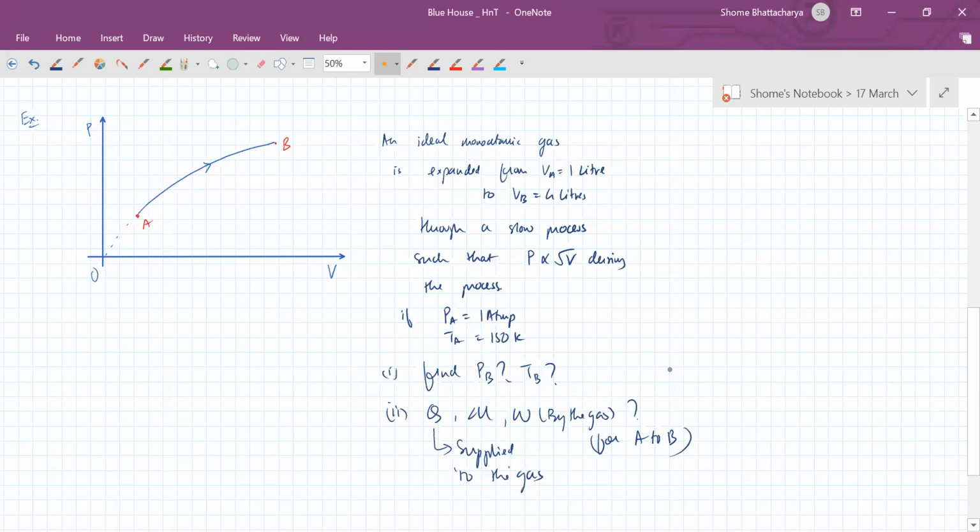So just try out this question, people. You can use the direct formula of polytropic process, or you can just use the fundamentals of first law also.